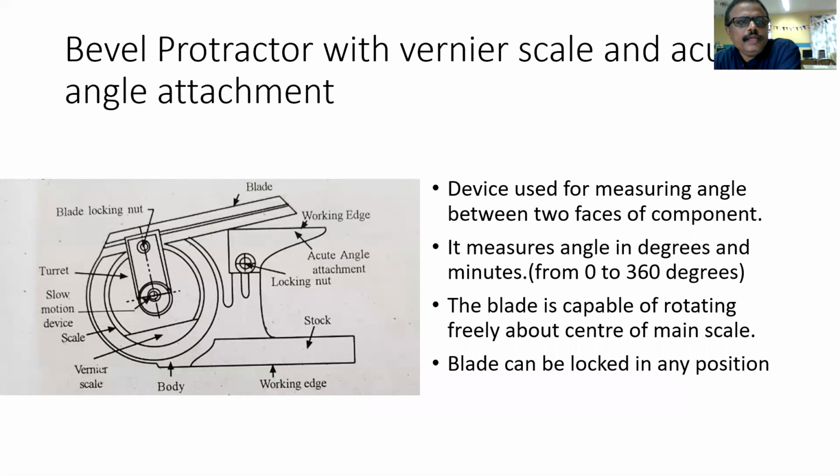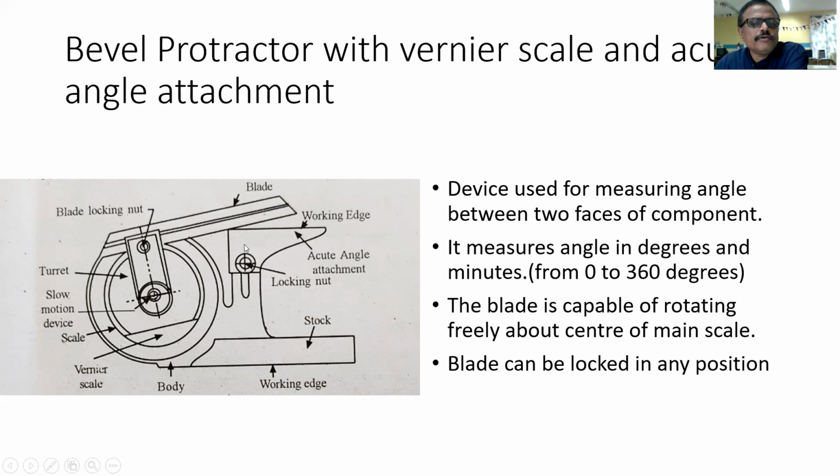So what are the different types of protractors? We have seen the bevel protractor in the previous slide, and the universal bevel protractor. Here this one is the bevel protractor with vernier scale and acute angle attachment.